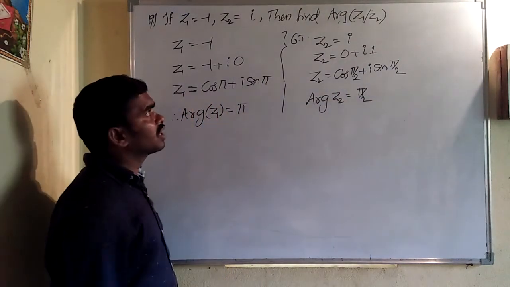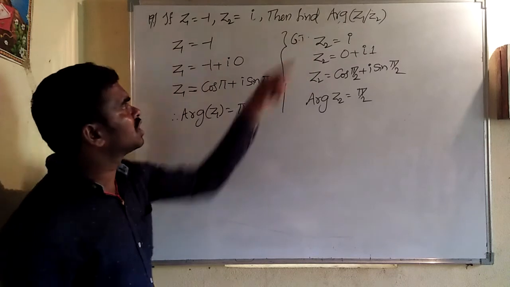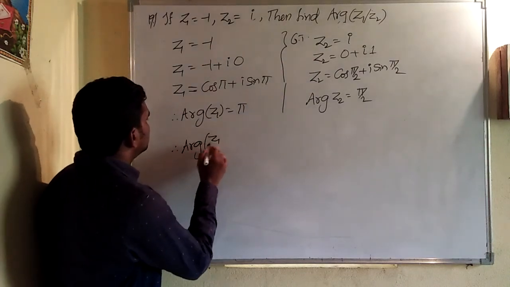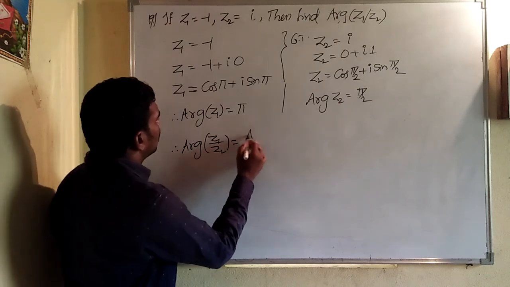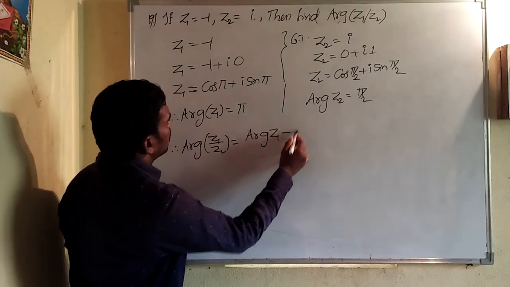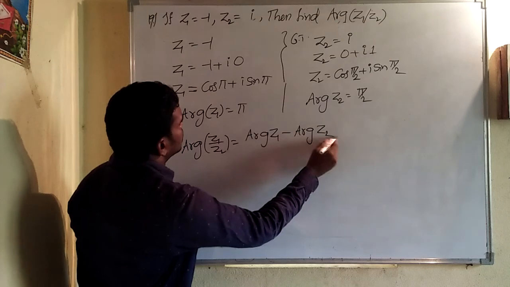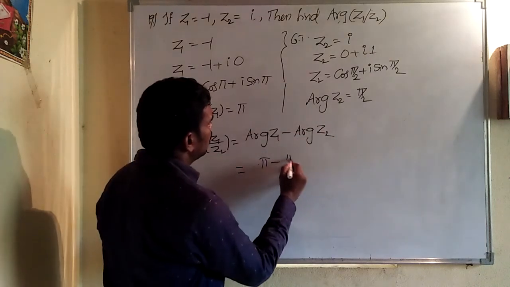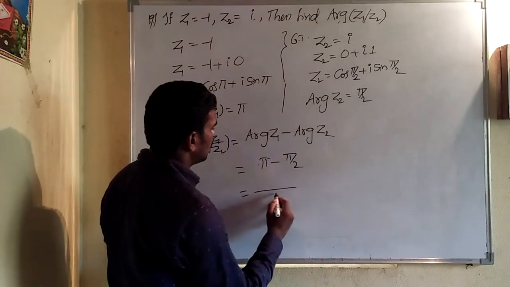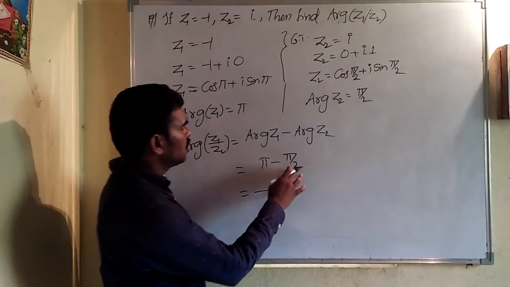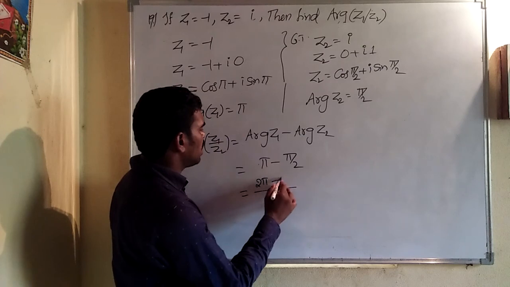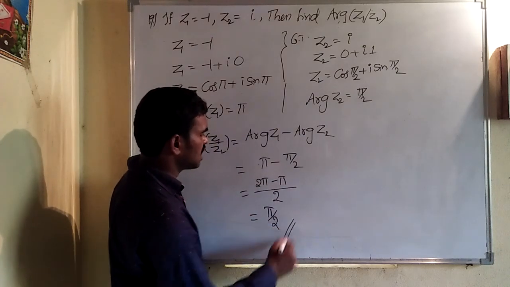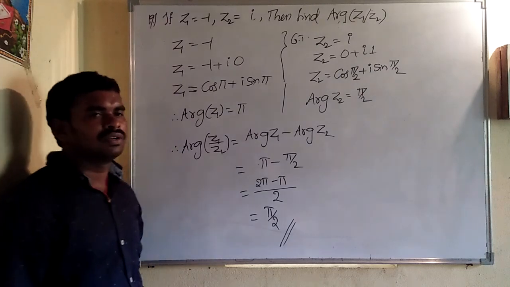So we got argument Z1 and argument Z2. What is the question? Argument Z1 by Z2 equals argument Z1 minus argument Z2. So argument Z1 is pi, minus argument Z2, pi by 2. LCM is 2: 2 into pi, 2 pi, minus pi, so 2 pi minus pi is pi by 2. This is the answer.